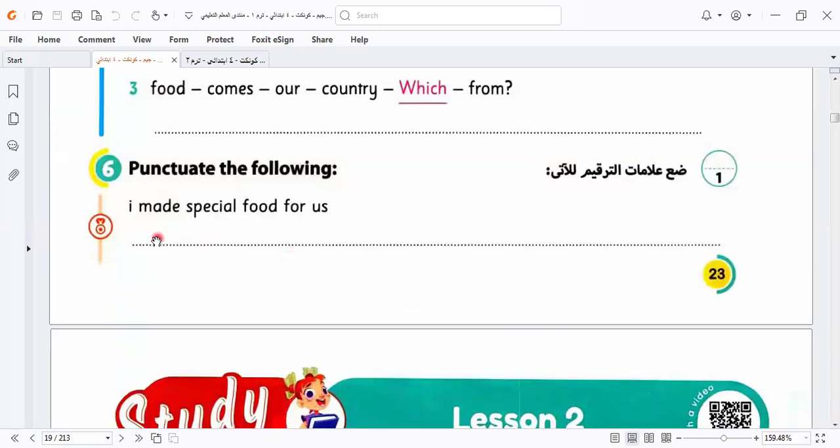What can I do with the punctuation? I can punctuate by underlining the letter that I corrected. Here we have I. If it is a small letter, I will write it as a capital letter. I make special food for us, and put a period at the end of the sentence. If the sentence is a question, we must put a question mark.